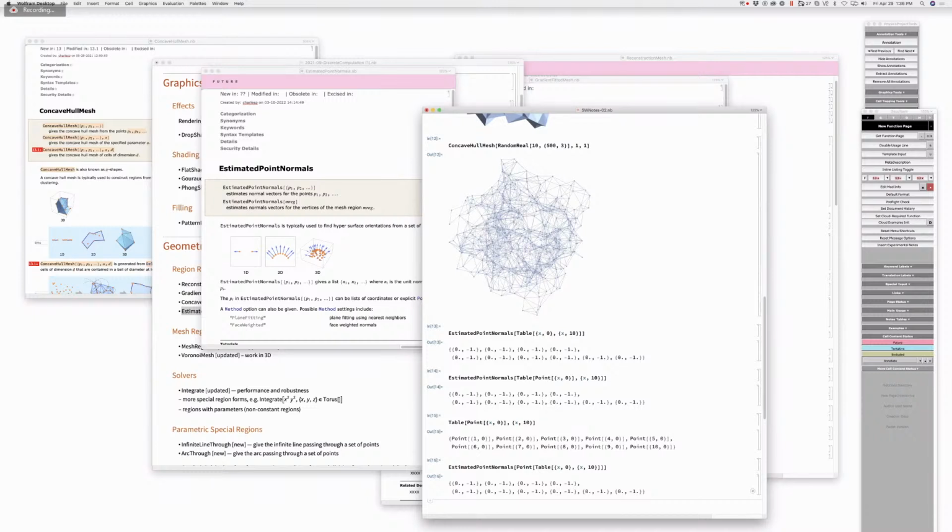Sander is asking, for 3D, does it give normals for points, edges, or faces? So the method we are using is a plane fit. We are using the hyperplane.